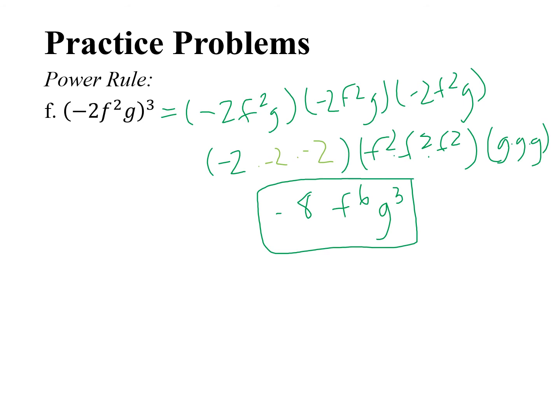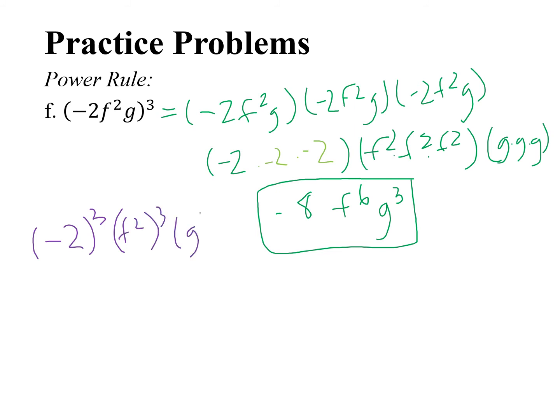My product rule here, though, or my power rule, can also be combined with that next one, the distributive power rule, which is basically the same thing as my power rule here. But that tells me that that power of 3 really applies to each factor. So if I'm thinking about it that way, I have a negative 2 to the power of 3. I have f squared to the power of 3.